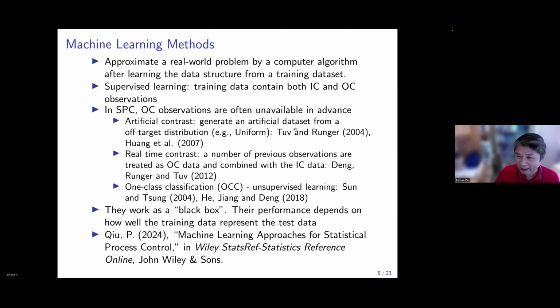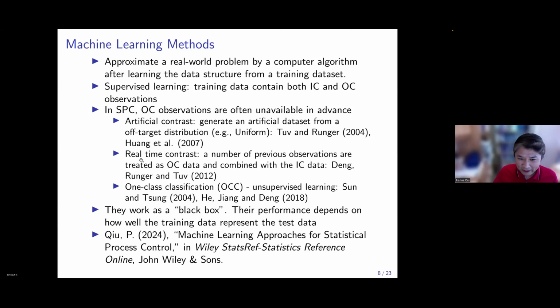So to get rid of that difficulty, George Runger and his student developed a methodology called artificial contrasts. They try to generate an artificial out-of-control data set from an off-target distribution like a uniform distribution. But of course, those artificial out-of-control data may not describe the actual out-of-control data well.